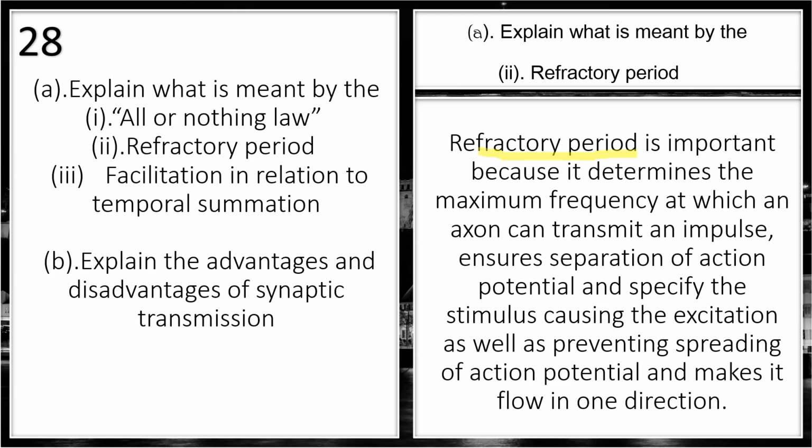Refractory period is important because it determines the maximum frequency at which an axon can transmit impulses, ensures separation of action potentials, and specifies the stimulus causing the excitation, as well as preventing spreading of the action potential, and makes it flow in one direction.